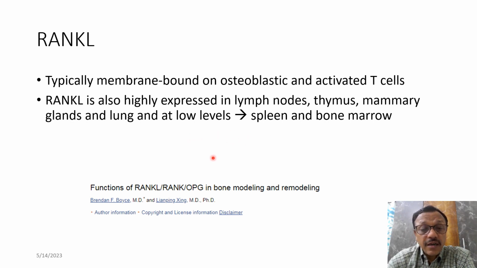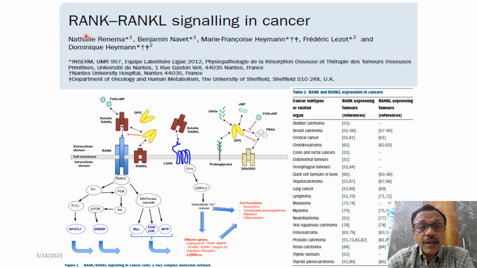You can read more in this article. So this RANK ligand is a very important molecule. We are not going to discuss it in detail over here. This is just to sensitize you, to show you that this RANK ligand molecule is associated with so many different types of cancer.